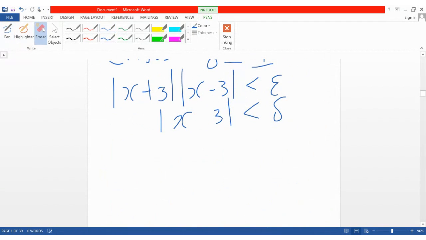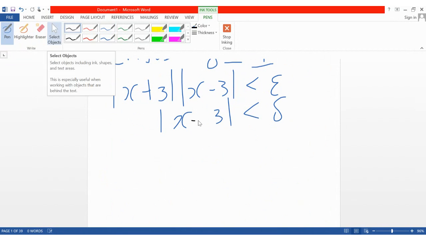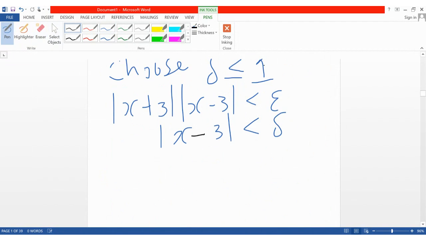So I need to choose a function here that will assist me to solve the magnitude of x plus 3, so that I remain with the magnitude of x minus 3 on the epsilon. So how do I do that now? Check this one out.